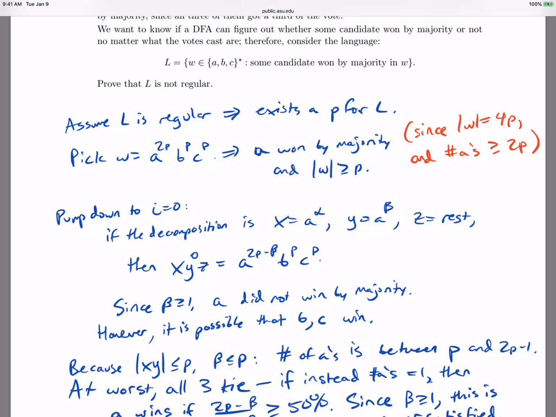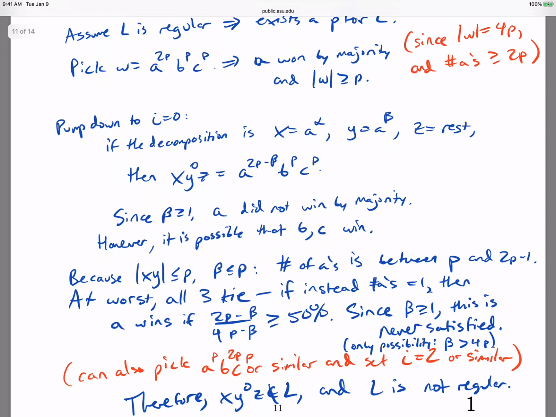So, you can't have that. I picked an example here. There are many, many other ways you can do this, so this is not the only way. But the way I did it was, I picked a string where I had exactly the right amount of votes to win for A in this case. So the string's length was 4p, and A had 2p, or half the votes. So the idea was, if I add more A's into the string, the string length gets longer, but the number of A's also goes up at the same time.